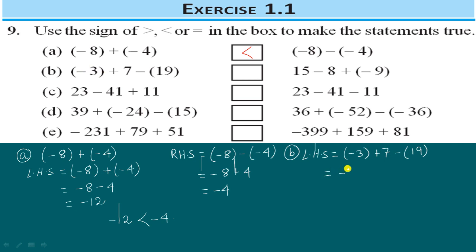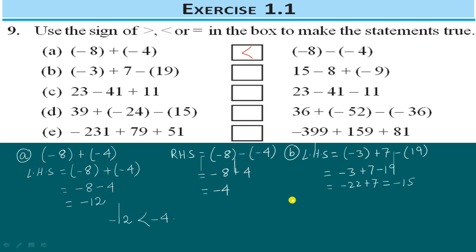Therefore, in the left hand side we are getting minus 3 plus 7 minus 19. Or you can write it as minus 3 minus 19, that is minus 22 plus 7. Or we are getting minus 15, right?